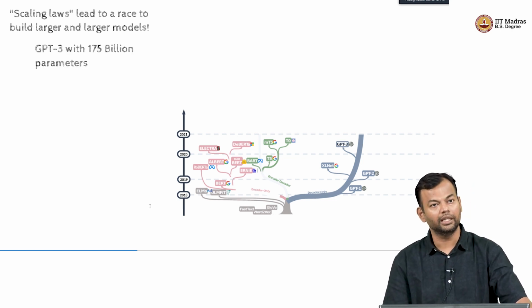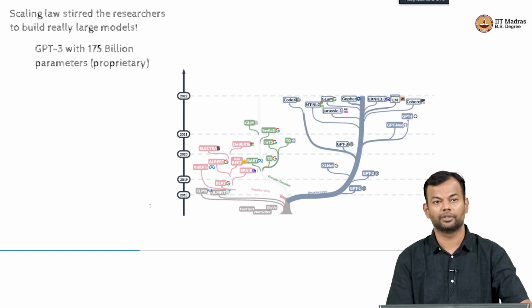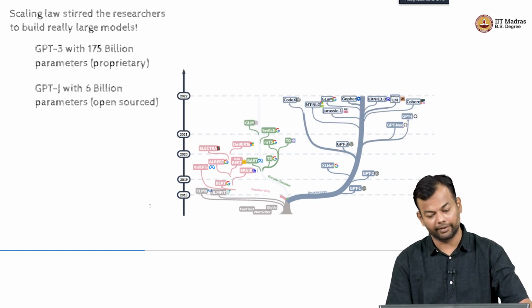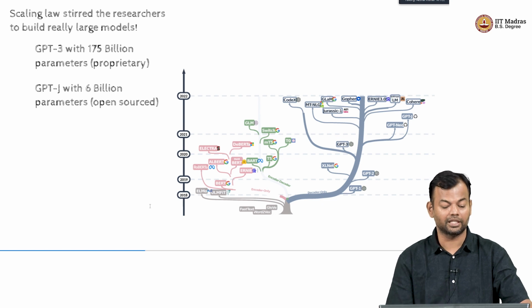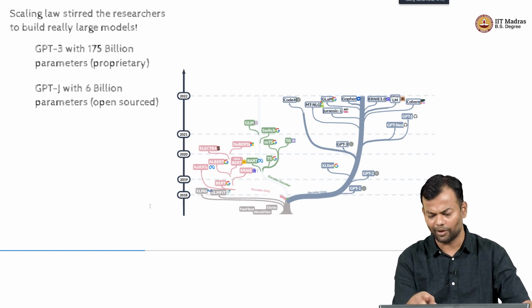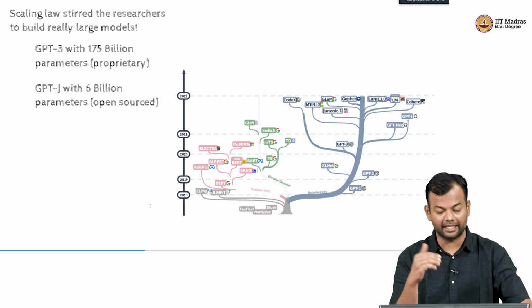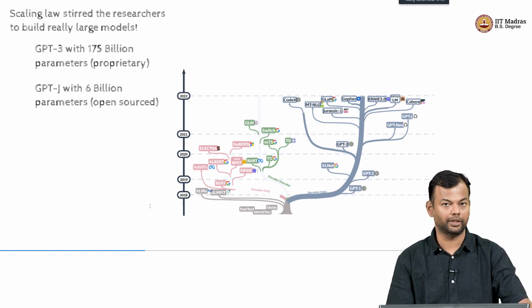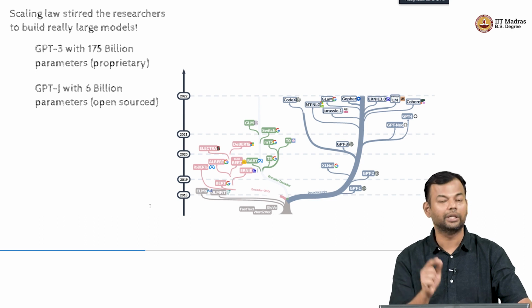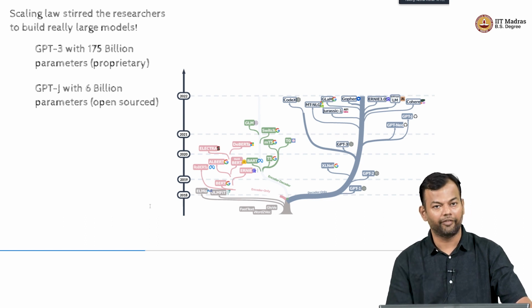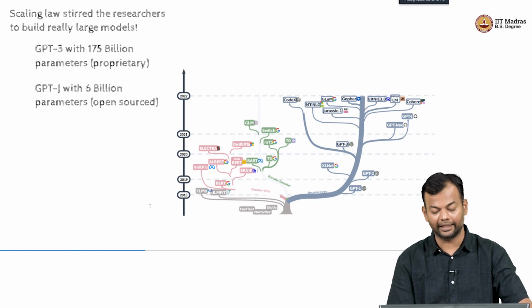There was GPT-3 with 175 billion parameters. Then there was GPT-J, which was 6 billion parameters, open source, and you can see there are already many names listed here in the 2022 year itself, between 2021 and 2022, and you can see that the decoder-only branch is growing faster than the encoder-only and the encoder-decoder.